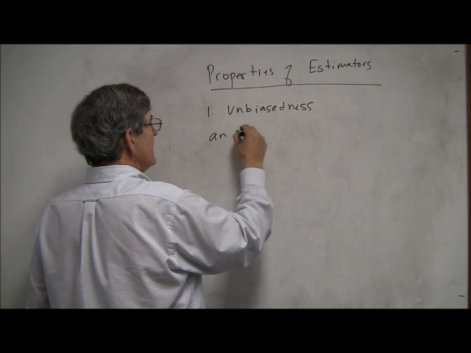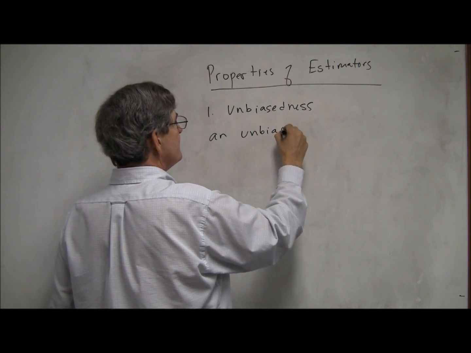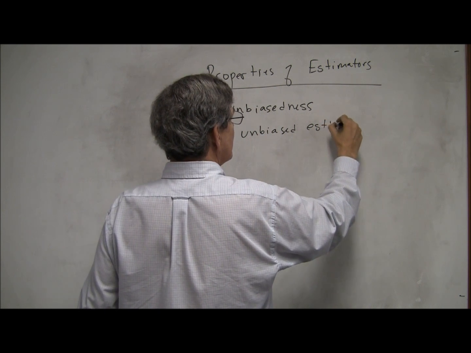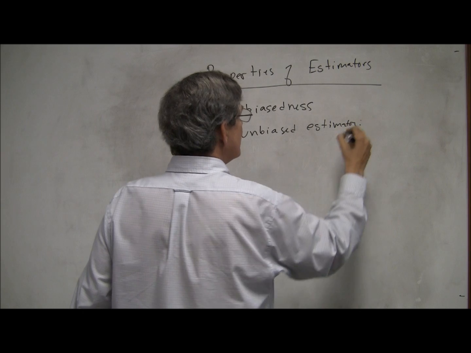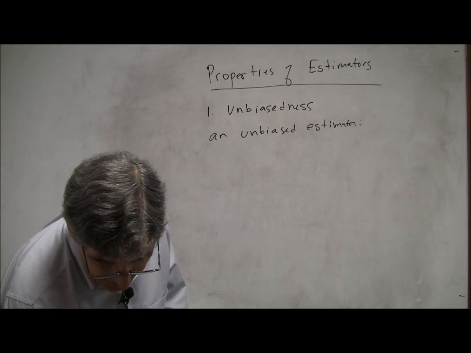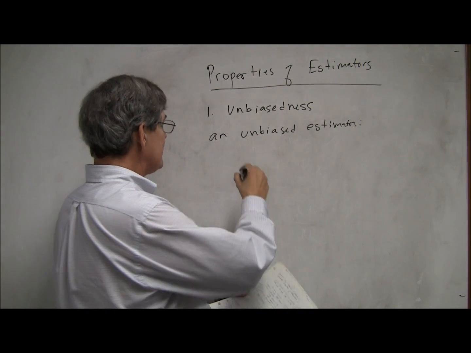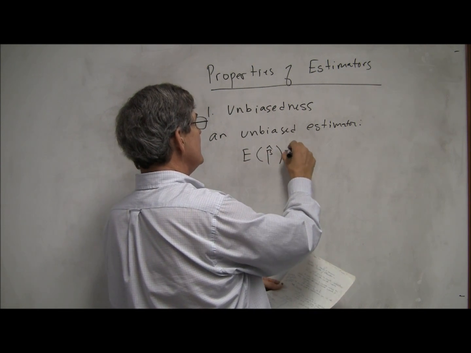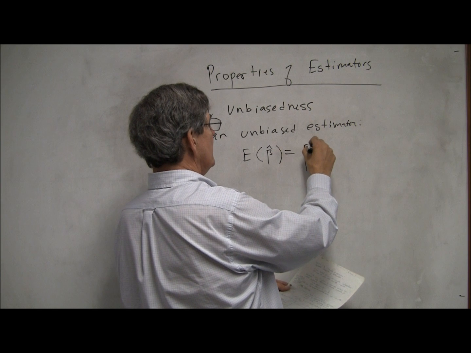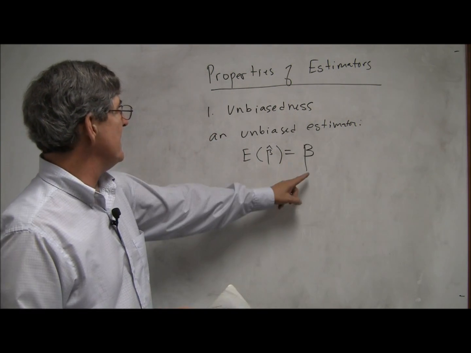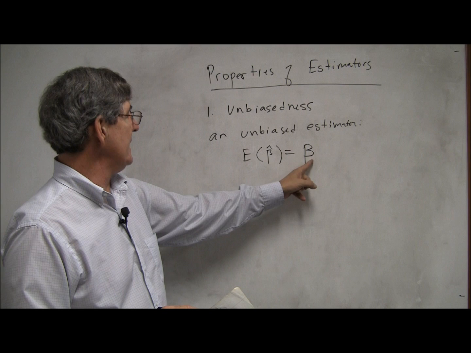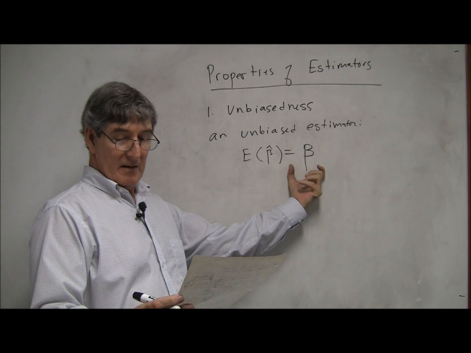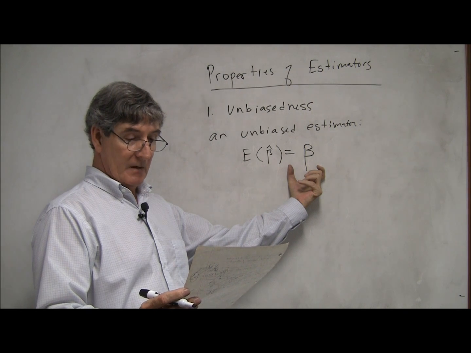So an unbiased estimator, what that means is that the expected value of the estimator is equal to the true value. So this is maybe B is the mean. The expected value of the mean is equal to the actual value.